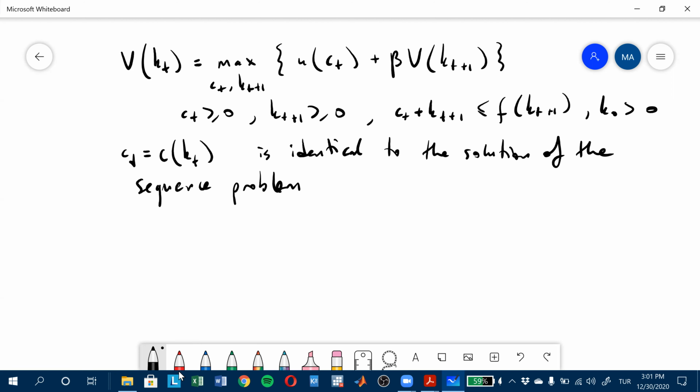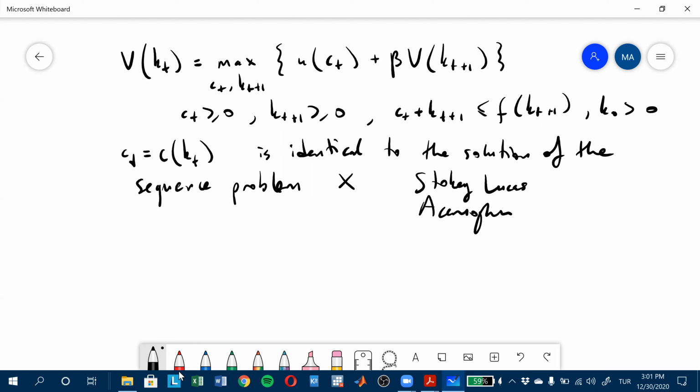We haven't proved that, and we are not going to do that, but it holds under certain conditions. You can look at Stokey-Lucas, you can look at Acemoğlu, and there are other references as well, but we are not going to spend so much time on this.